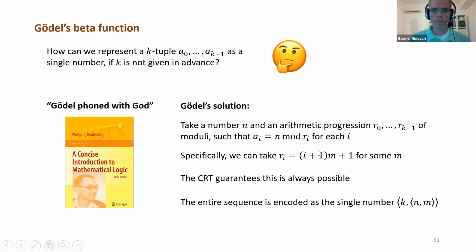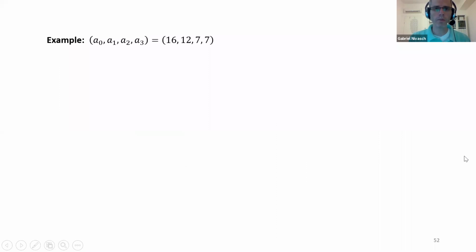And then you can represent your whole sequence as a triple k, n, and m: k is the length of the sequence, n is the number you put here, and m defines the arithmetic progression of moduli. Here's an example. Suppose we want to represent this sequence of length 4.